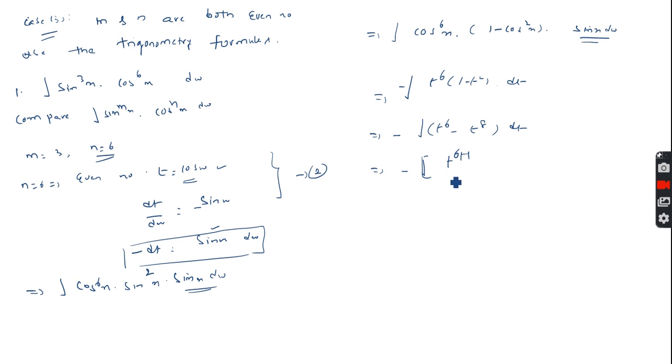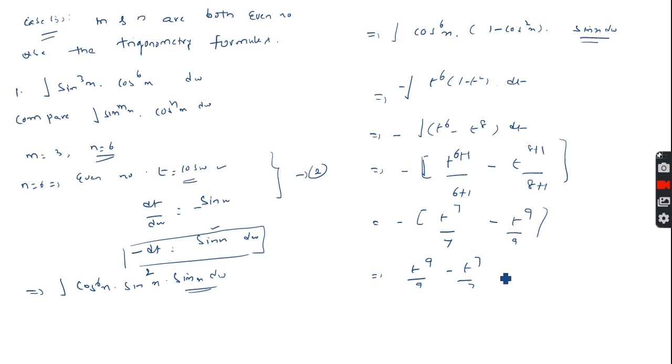We know that this is equal to t power of 6 plus 1 by 6 plus 1, minus t power of 8 plus 1 by 8 plus 1, with a minus sign outside, that is minus of t power 7 by 7 minus t power 9 by 9. We multiply by minus, and we get t power 9 by 9 minus t power 7 by 7.